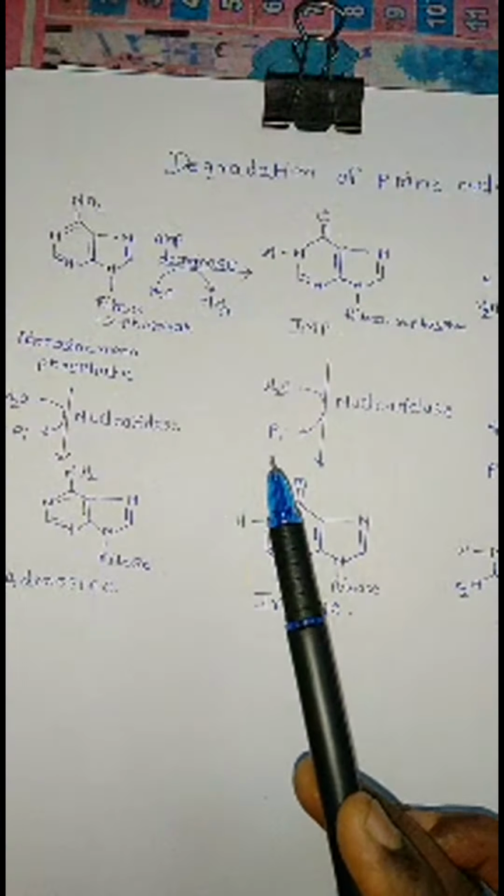So the first reaction is a base, that is nucleoside. AMP converts into IMP by deaminase.